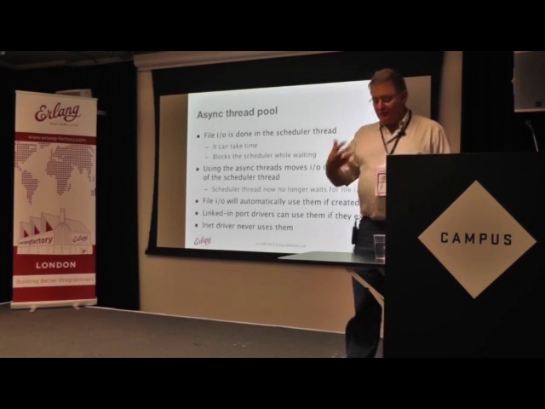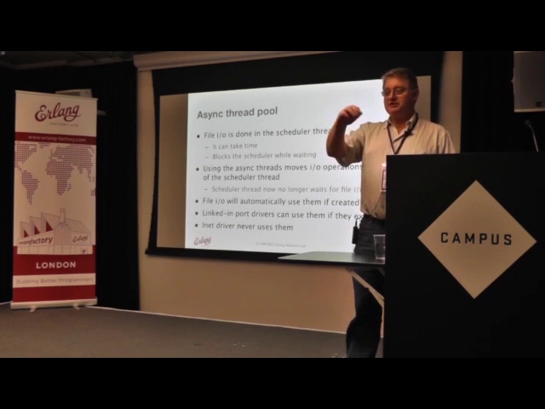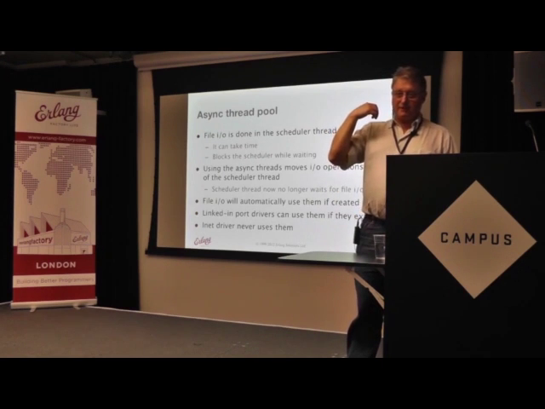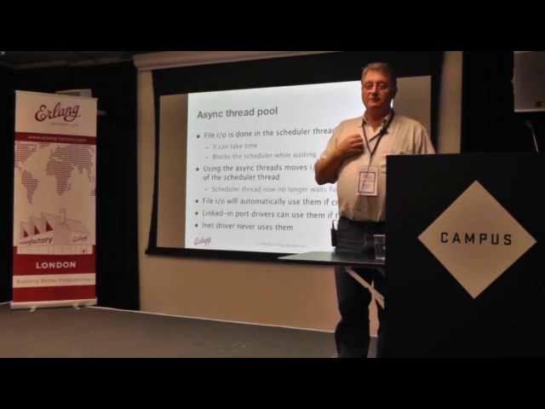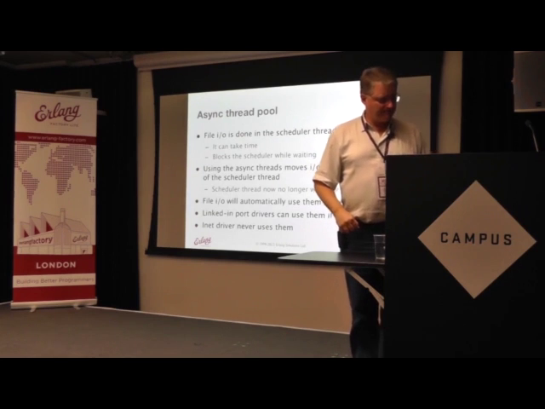And while you're doing file I/O, it will block that scheduler. That scheduler will go out and do a file access and sit and wait for the result, and then return your result back to you. That's not good if you're doing a lot of file I/O. You'll notice that in the system.